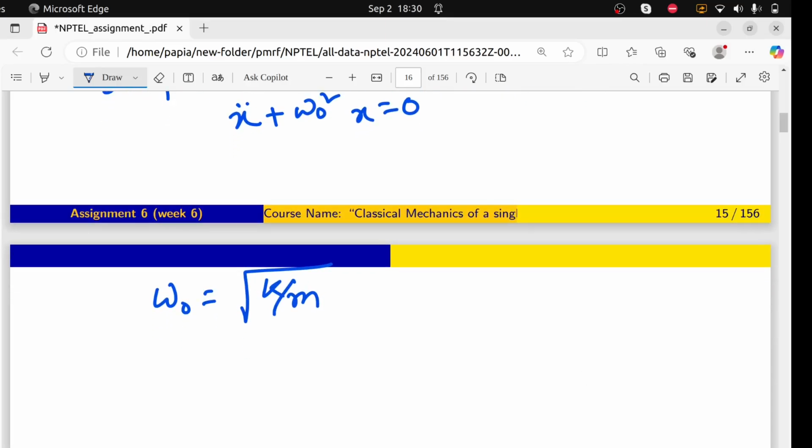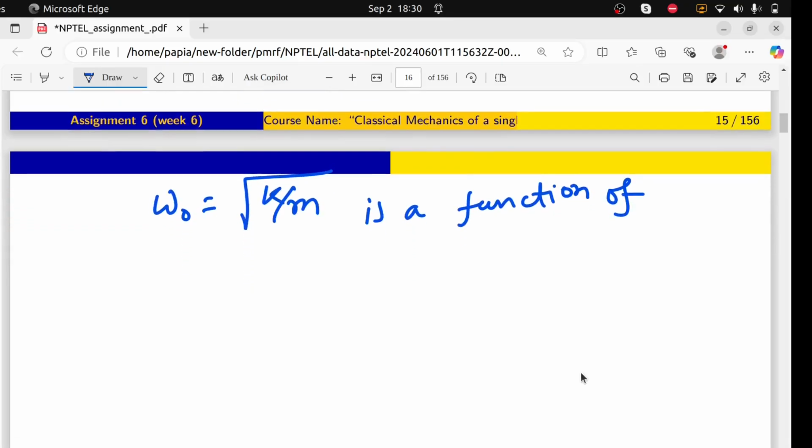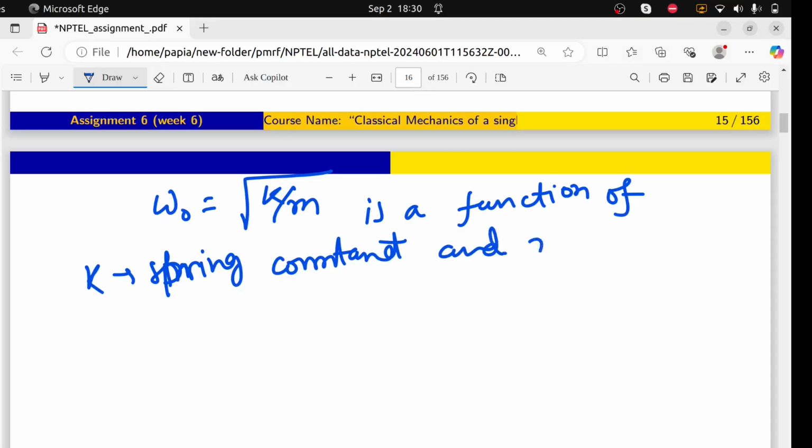As you can see, there is no damping or forced oscillation case, so it's a simple harmonic oscillator without any damping or force. Then our omega 0 is a function of k, which is the spring constant, and m, mass.